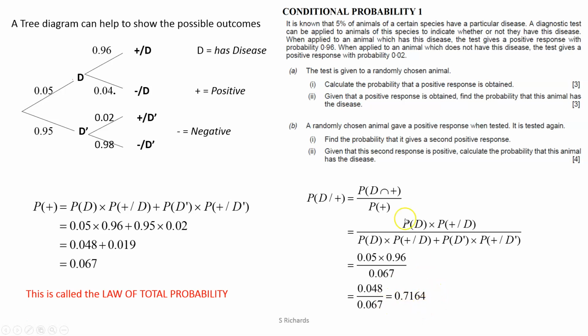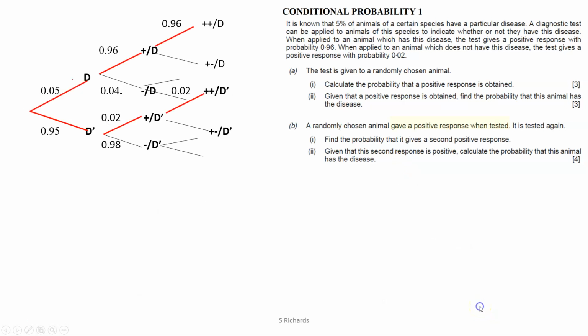This figure will be useful in part B in one of the approaches that we can use to answer the question in part B. So let's consider the situation in part B when we give the chosen animal a second test. However, we are given the fact that a positive response was obtained in the first test.